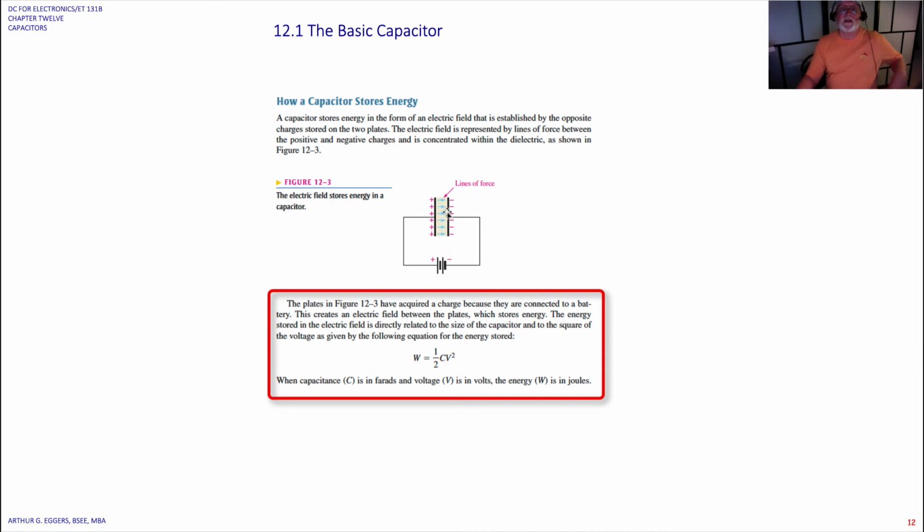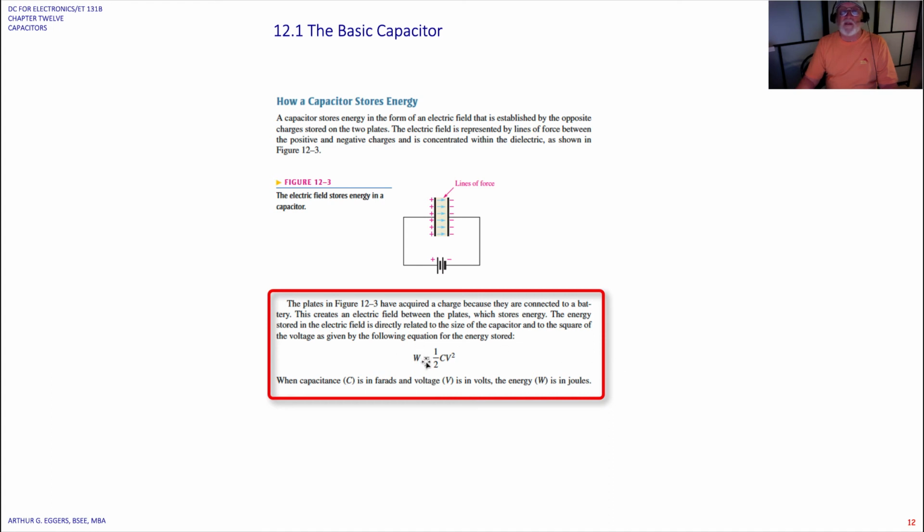So you think about this, although there's no current flowing between the two plates, they're building up electrons and protons, more positive, more negative. The energy stored in the field then is directly related to the size of the capacitor and to the square of the voltage as given by the following equation.